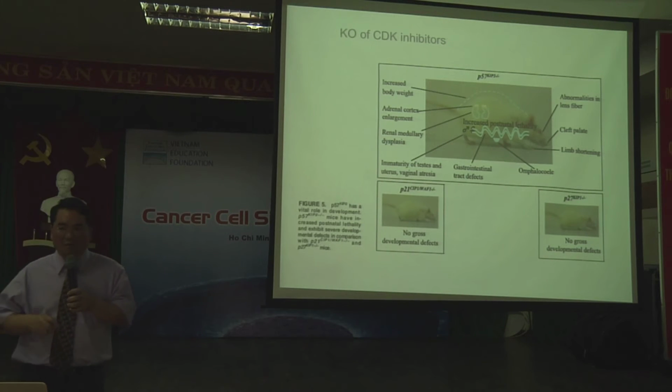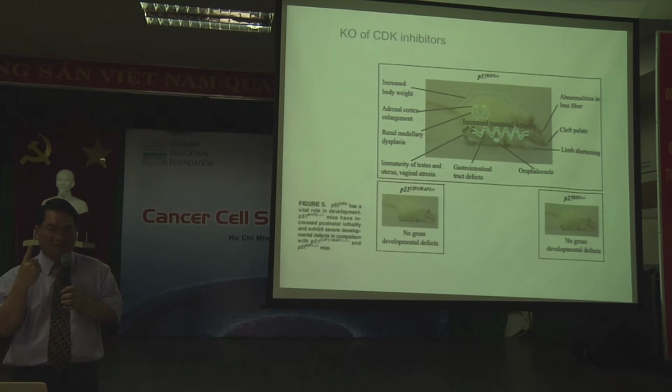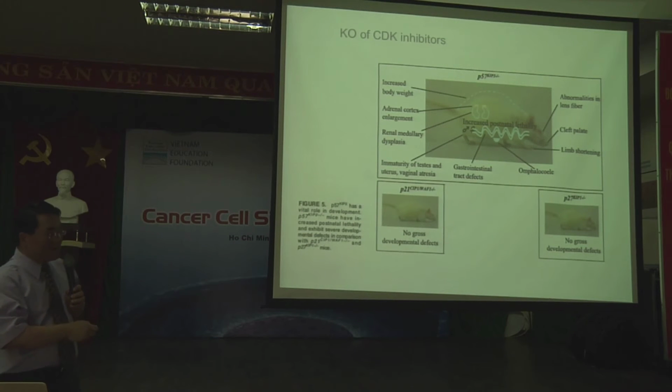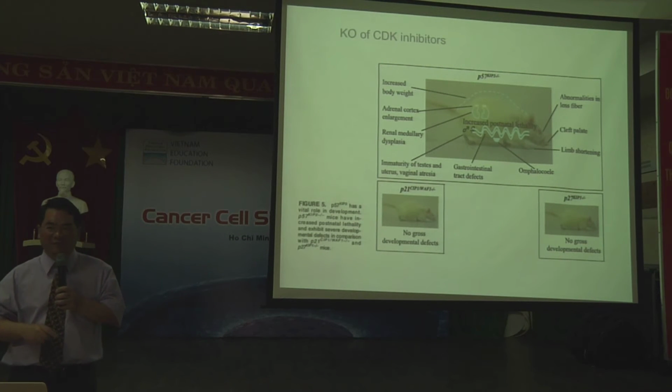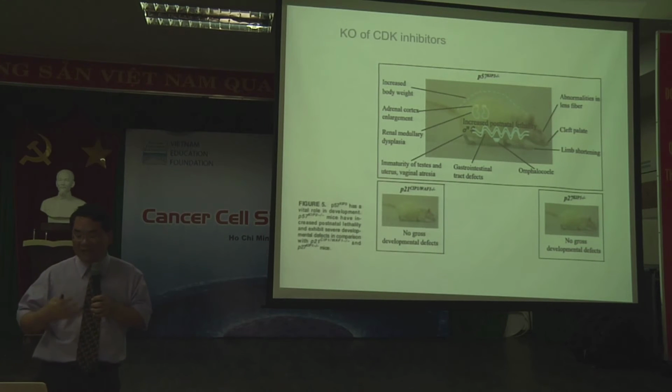So imagine, P57 is much more delicate to control because we only have one allele, from our mother. Mouse is the same thing: it is paternally imprinted, so only the maternal copy is expressed. But once P57 is lost, it causes all these different defects. So this study gives you a better idea of how these important cell cycle inhibitors are regulated.